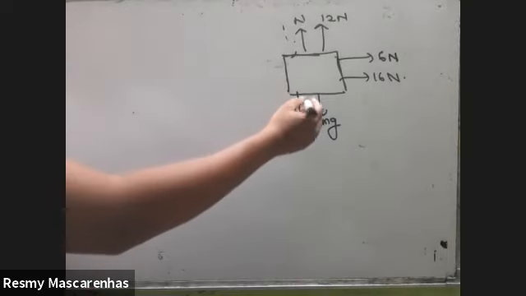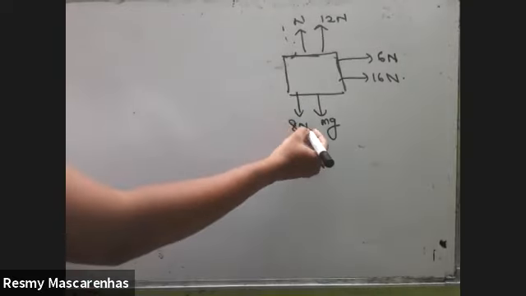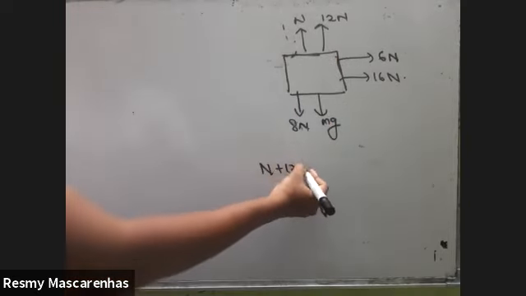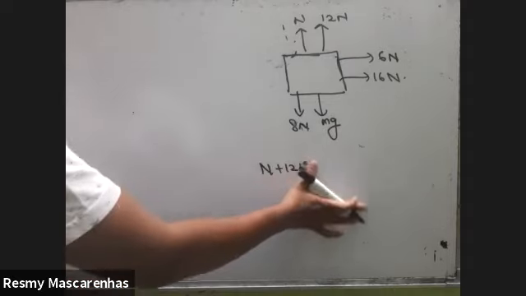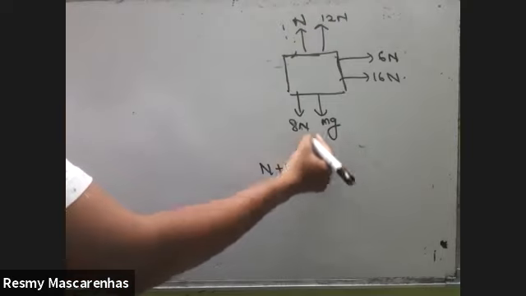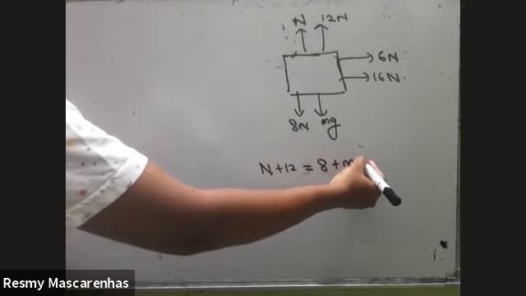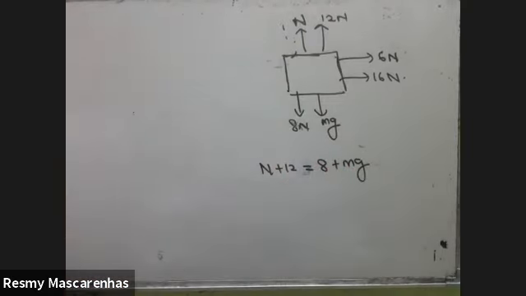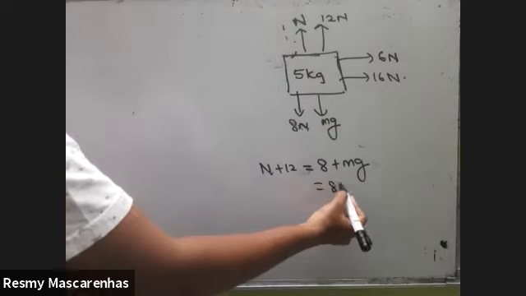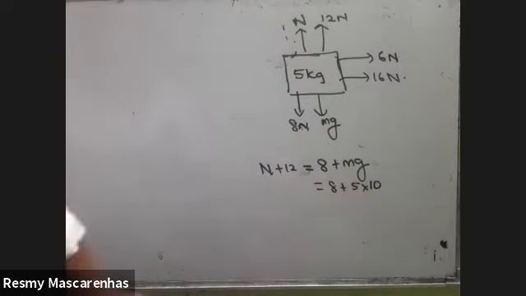Now balance your vertical. We know that this total is equal to this total. N plus 12 Newtons. This is the normal. This is 12. It will be equal to 8 plus mg. Mass was given to me as 5 kg. So we'll take gravity as 10 to simplify.